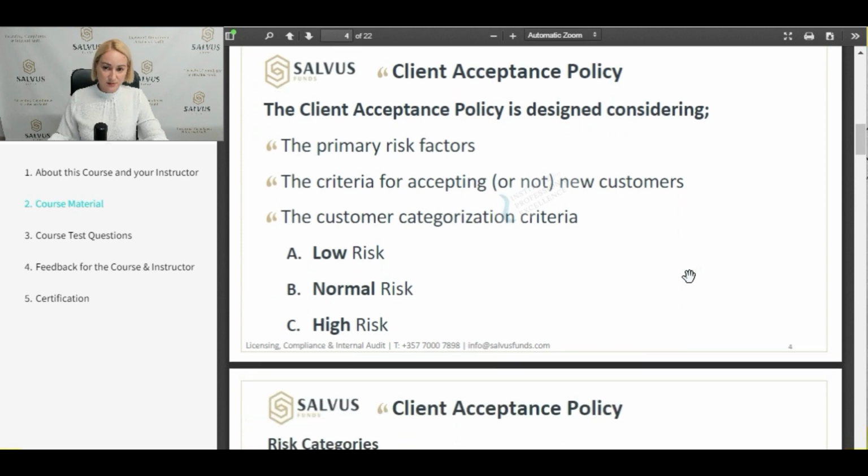Within the policy, we have to consider that it is designed considering the risk factors of the AML, the criteria of accepting or not accepting new customers, and the categorization criterion based on the 3 levels of risk assessment: the low, medium or normal, and the high risks.